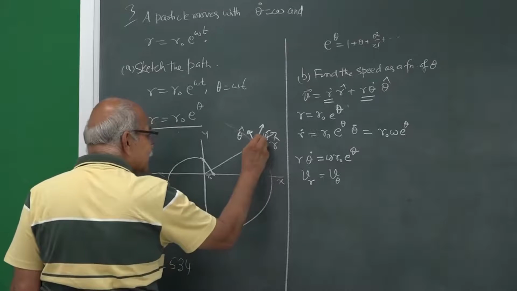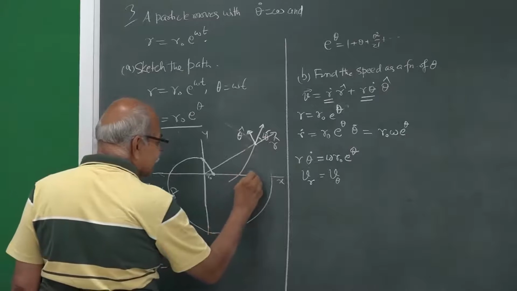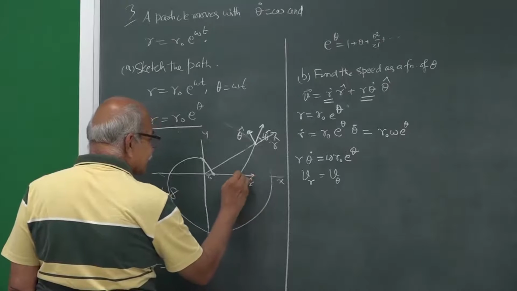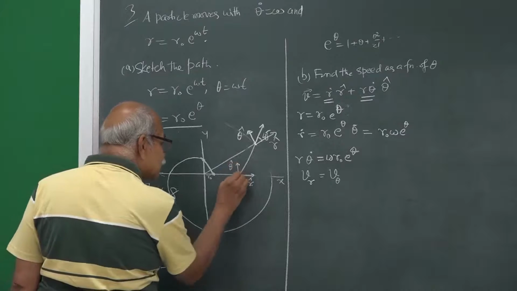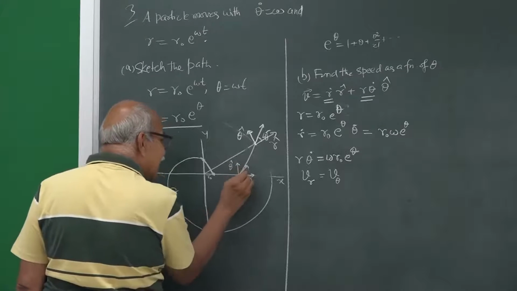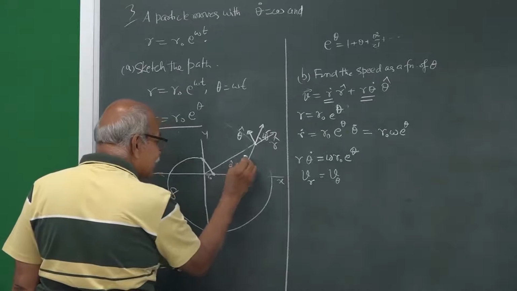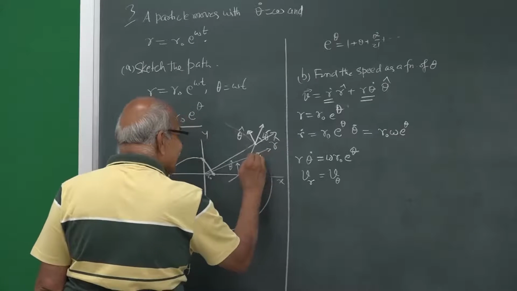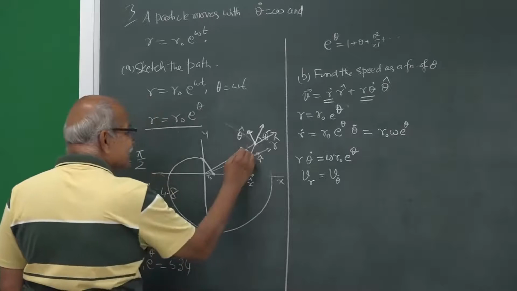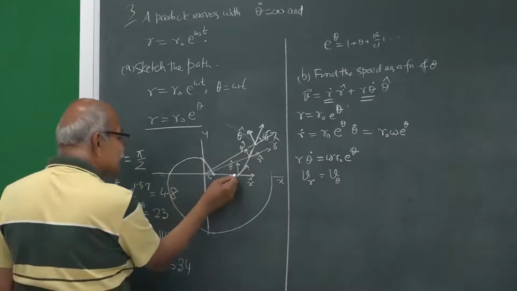So, it should go like this, with equal angle from r cap and theta cap everywhere. The actual velocity should be in between.